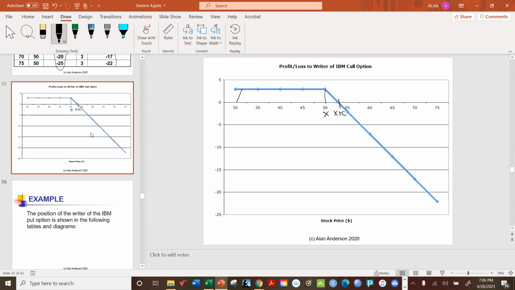And here is our maximum profit. And that's the call premium of $3. After that, it's all downhill. Now you can see, is there any limit to how far this can go down? No, absolutely not.